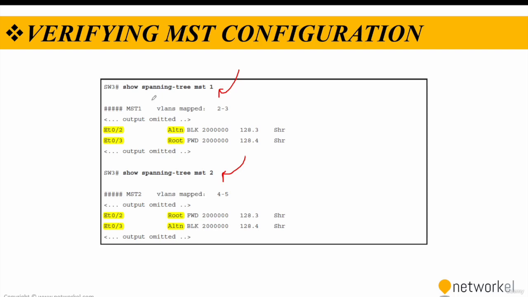This command provides details about the spanning tree status, including the root bridge, priority, and various statistics related to the particular MST instance. For example, for the MST1 instance, this Ethernet 02 is in blocked state. However, for MST2, for instance 2, this same interface is the root port and in forwarding state.